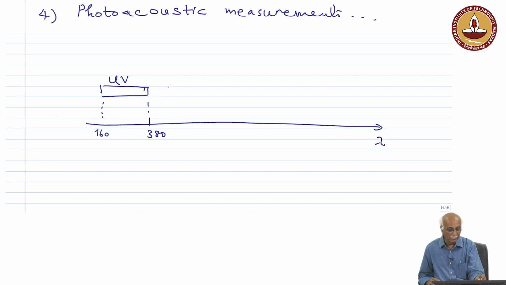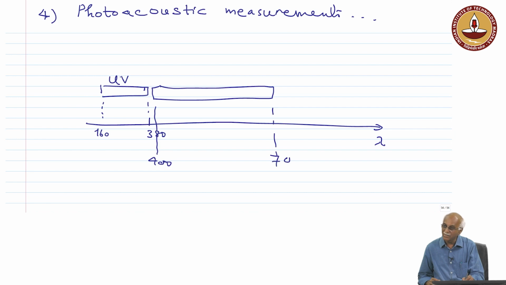Then there is the visible region, which is around 400 nanometer to 700 nanometer.